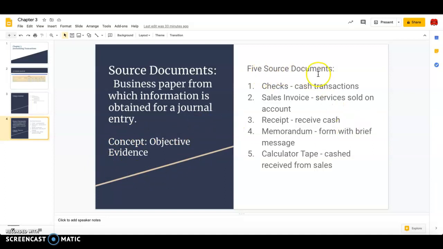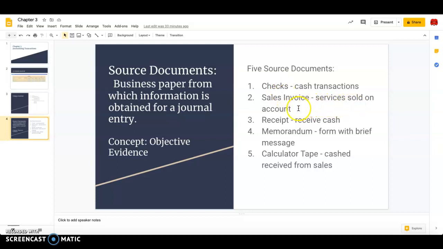We have 5 source documents. Every time we pay cash, we're going to be dealing in checks, not actual cash. So every time we write a check, the check and the check stub are going to be our source documents.